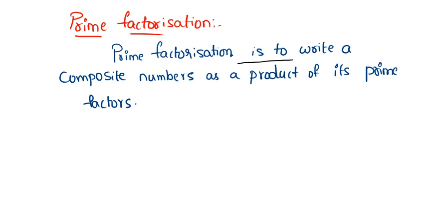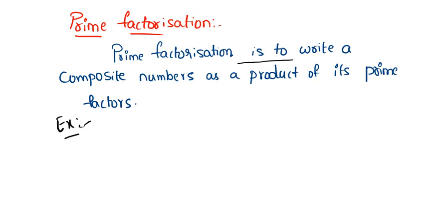As you know, we know individually what factors are and what prime numbers are. Here we need to represent any number in the form of its prime factors, which is easier to understand with an example.